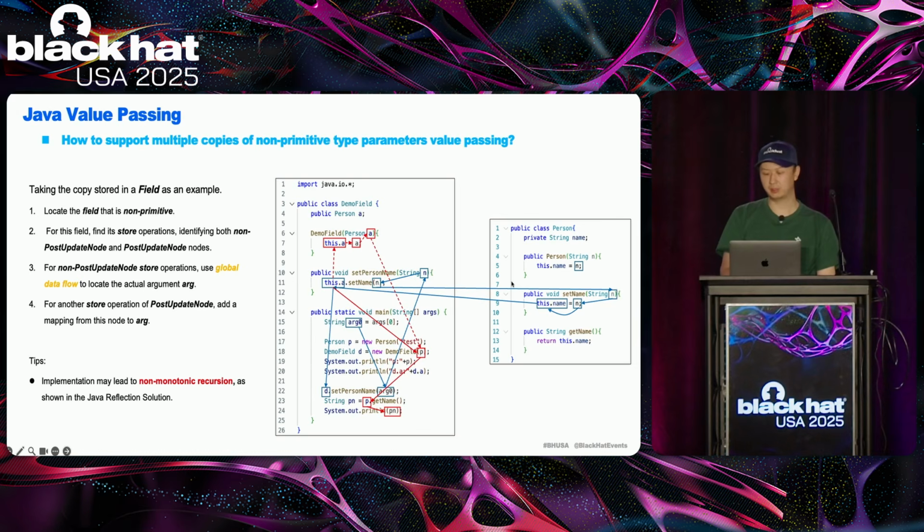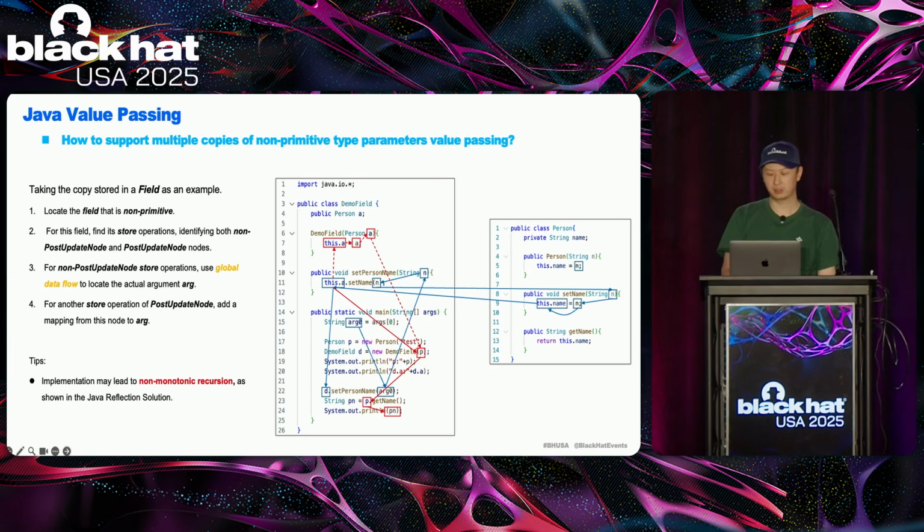And for the non-post update node, store operations use global data flow to locate the parameter and the actual argument. So in this example, as shown in the red dotted line here, we located the parameter P here in the demo field constructor.